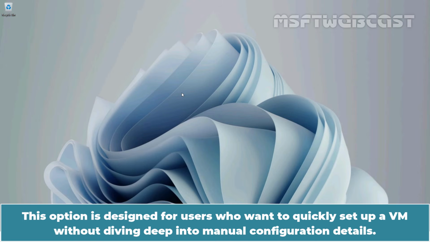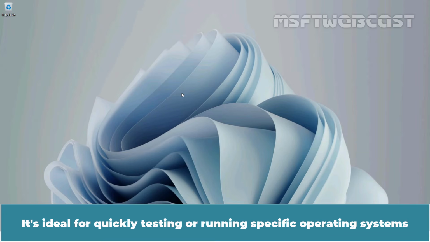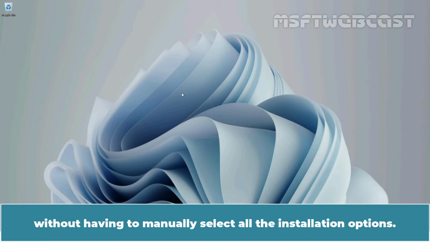This option is designed for users who want to quickly set up a VM without diving deep into manual configuration details. It's ideal for quickly testing or running specific operating systems without having to manually select all the installation options.